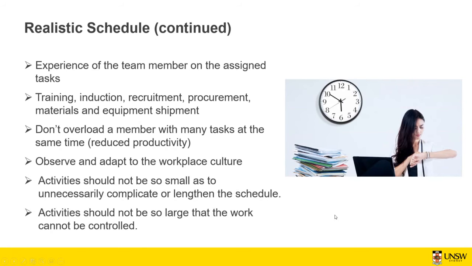An activity should not be so large that the work cannot be controlled. If you put in an activity which is very large and you need to specify a lot of time, the thing is that you cannot control it. If the activity is large and you say it's going to take 1 month to finish, how do you control it from the first week to the last week?